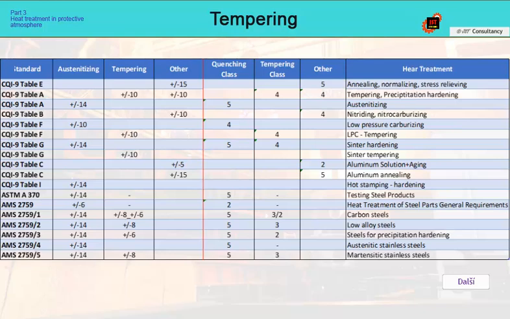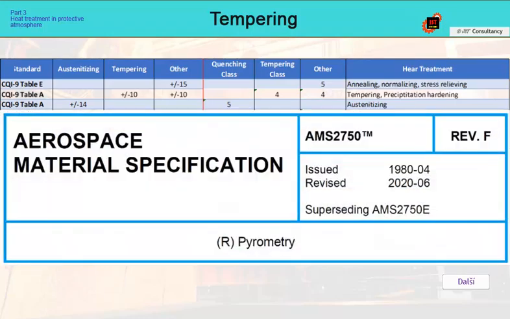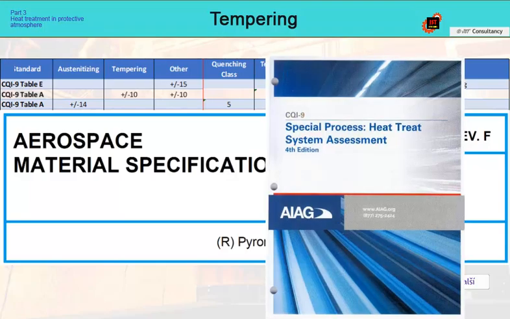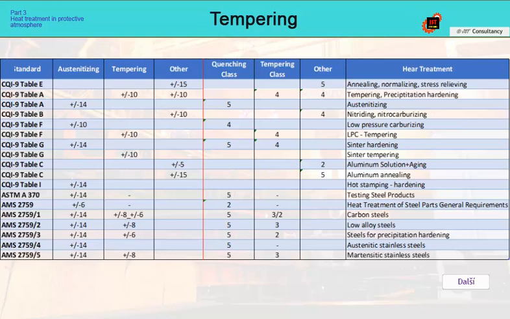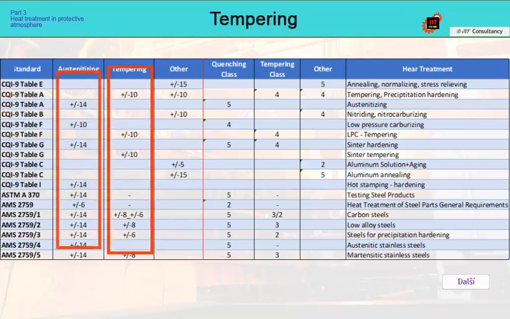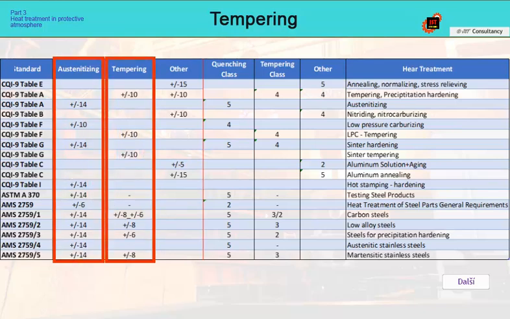First of all, we must be sure that the required temperature is the actual temperature. Therefore, all devices must meet the requirements of AMS 2750 for pyrometry or CQI-9 for individual technologies listed in this specification. The table shows the classification of quenching and tempering furnaces for various activities and according to various standards.